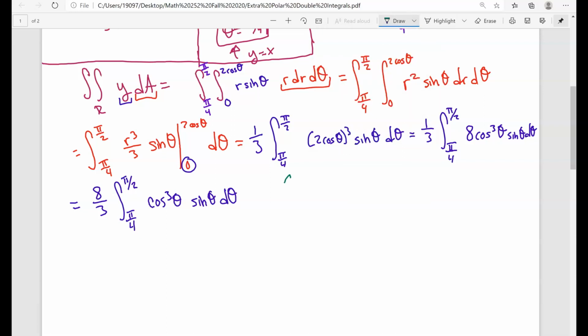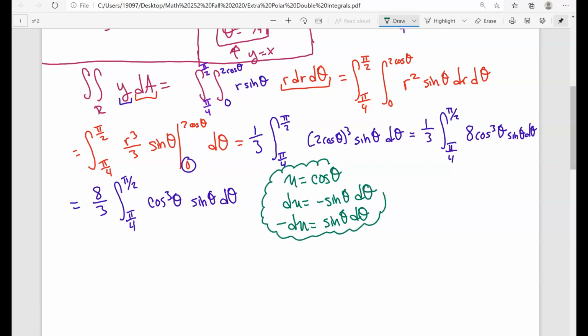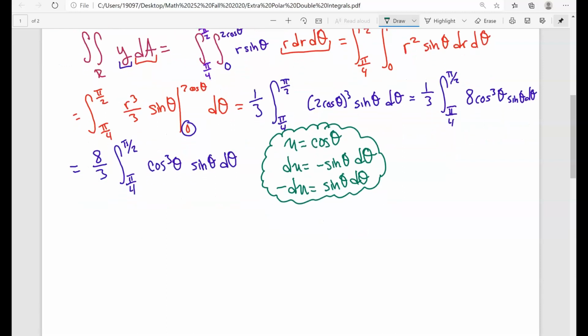So we're going to let u equal cosine theta, and du is going to be equal to negative sine theta d theta. I can divide the negative over, so you get negative du equals sine theta d theta. So this is going to be my u substitution. And now what we have is 8 over 3, the integral.